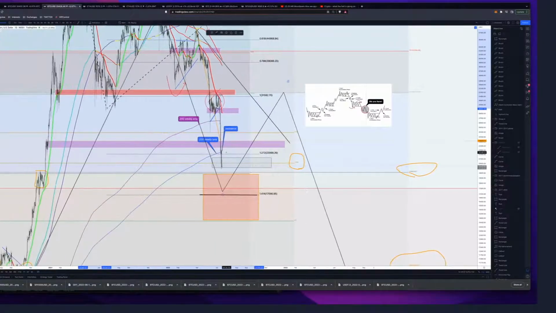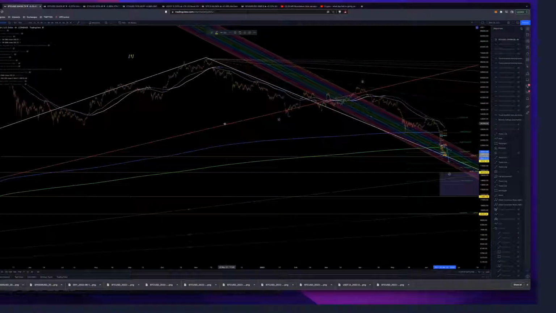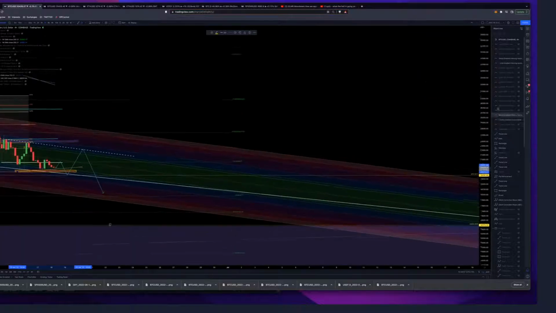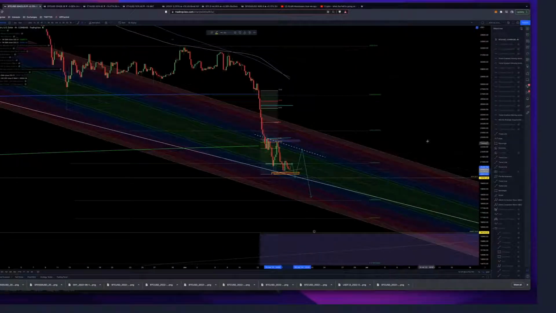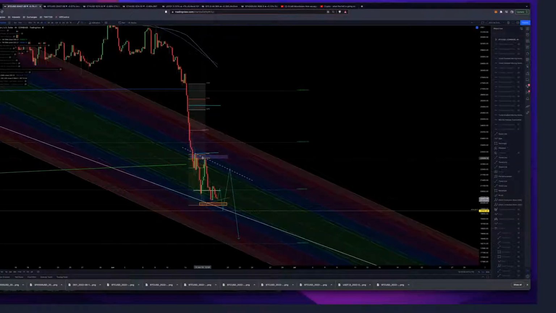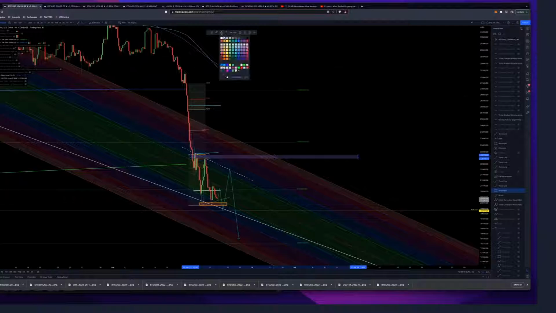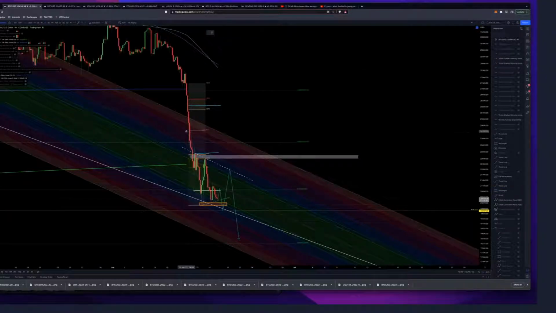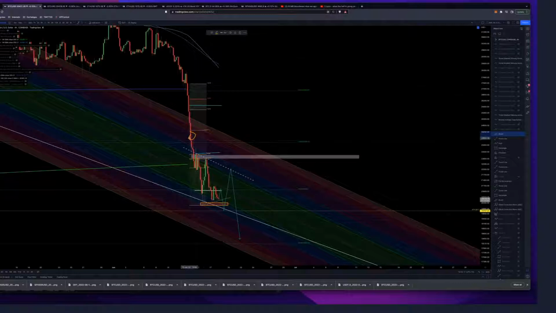I also have 24,000. So let's go into the Bitcoin. 22 to 24. This is 22. So 22 makes sense. That's our 22. And now 24 is pretty much, see where we've got these wicks, rejection.